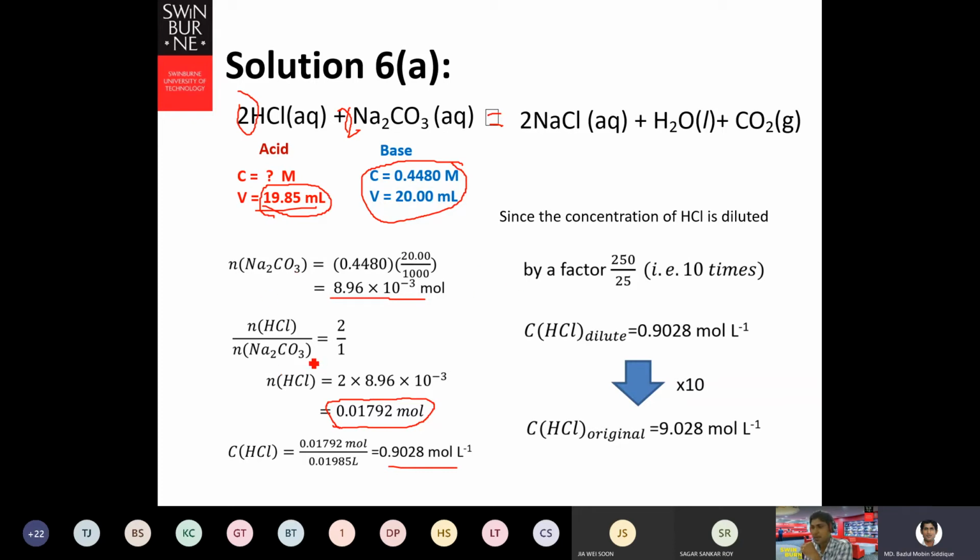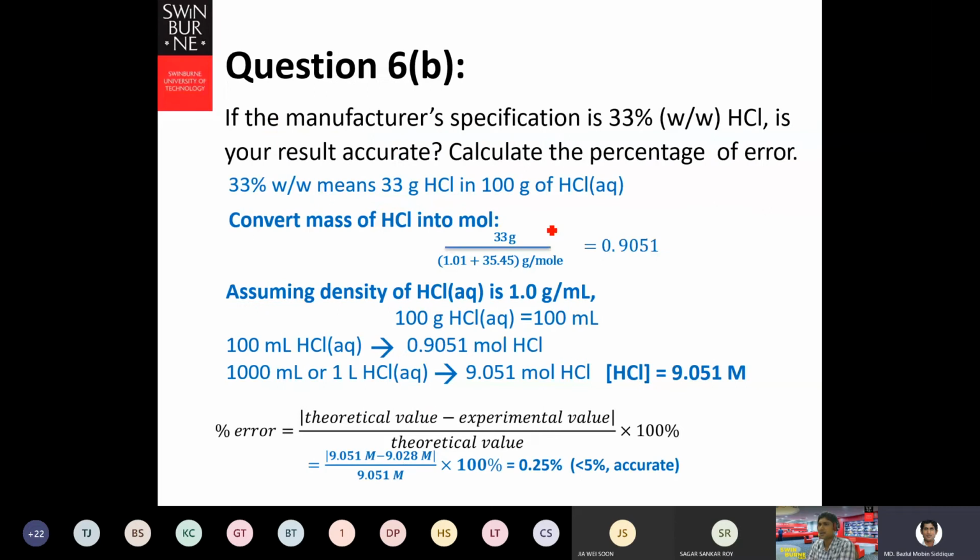You can multiply this number of moles and then convert to liter, or you can just directly multiply this one and get the final concentration. Both ways are possible.